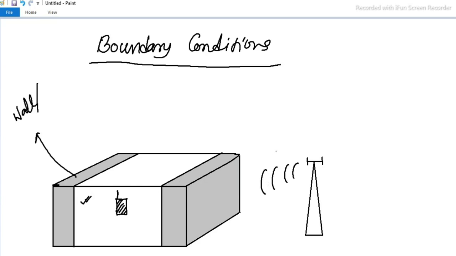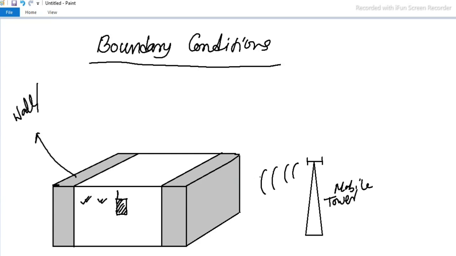Now we are considering only one case, the signal you are receiving from the tower, okay. So from this mobile tower, you are receiving some sort of electromagnetic waves, and it is coming to your mobile phone.